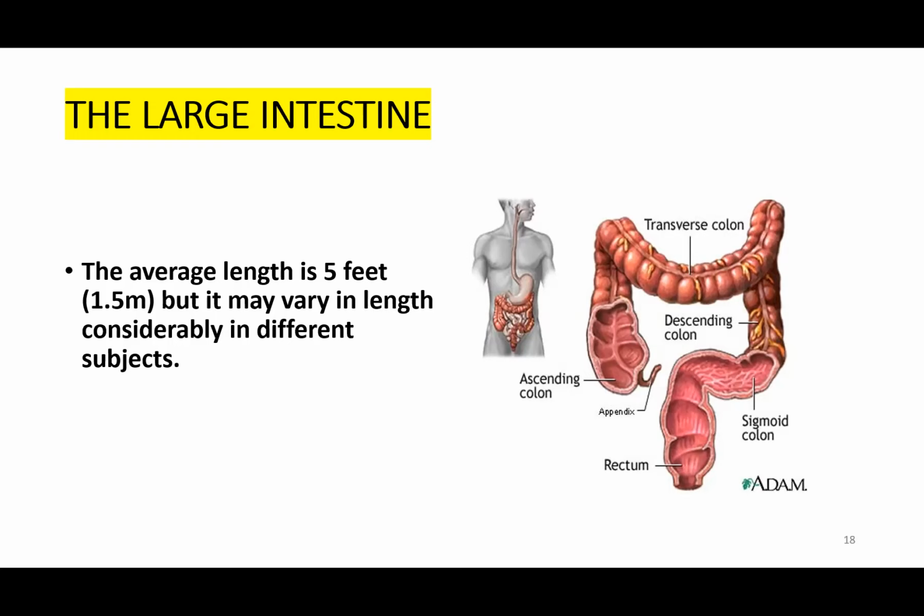The appendices epiploicae are pockets of fat you can see, and are more concentrated in the sigmoid. The tinea coli, which you see here, as well as the haustrations. And of these three features, it is only the haustral markings that you can see radiologically.